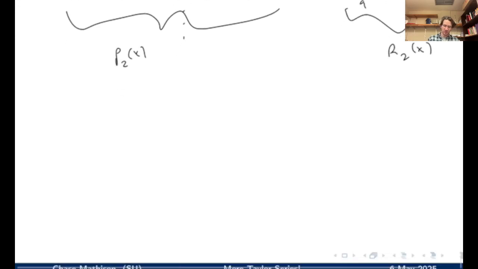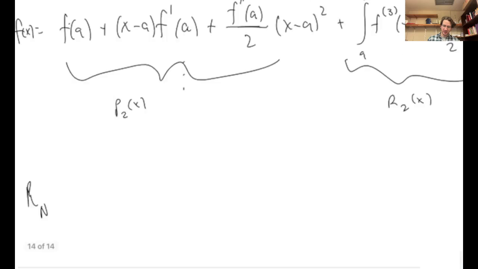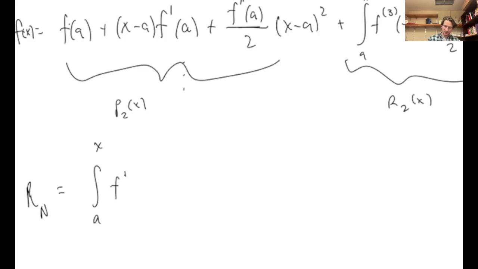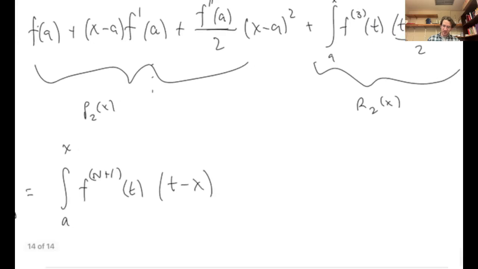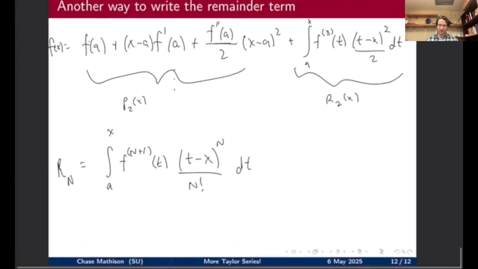And in general, you can also write the remainder, R capital N of x, as the integral from a to x of the n plus first derivative of f at t times t minus x to the capital N over n factorial dt.